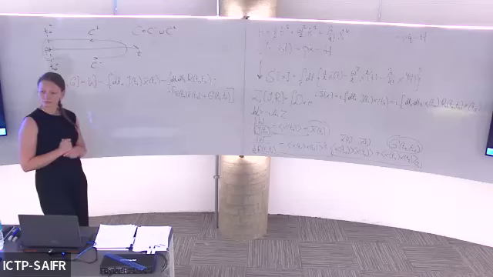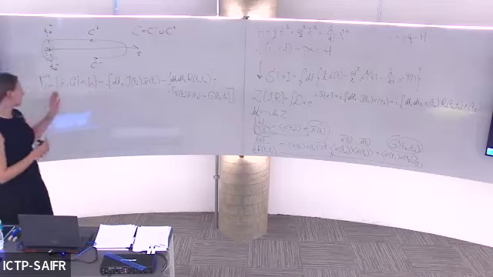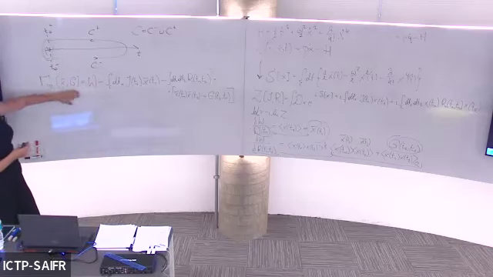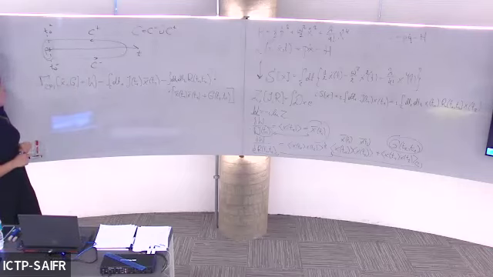We want an action which has the two objects we're interested in, the Green's function and the one-point expectation value.